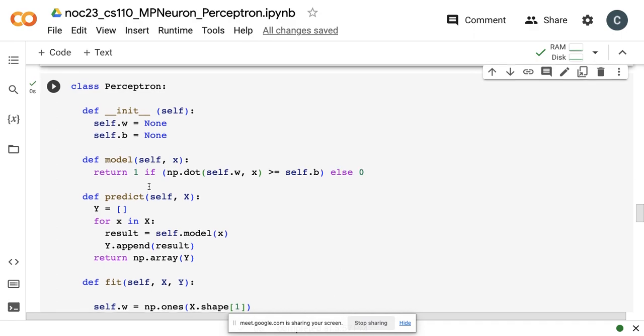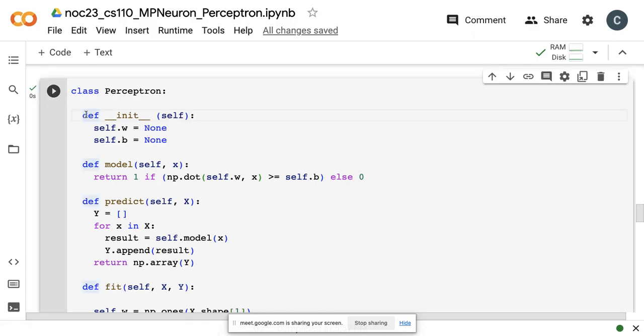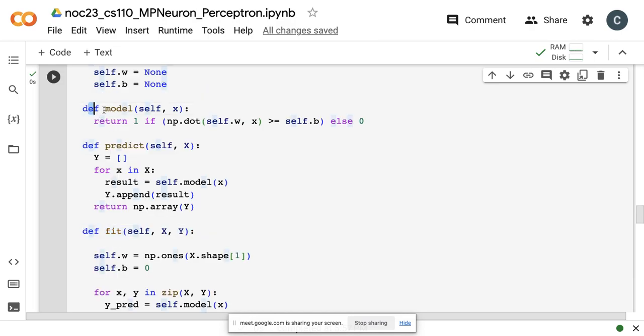Now the template is the same as the MP neuron and is going to be the same for others as well. That means we have certain functions in a class: an init function, a model function, a predict function, and a fit function. The model function is the mathematical model through which you define a perceptron, or any other model like backpropagation or RNN or CNN.